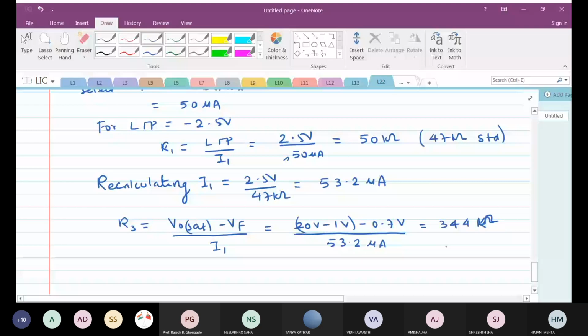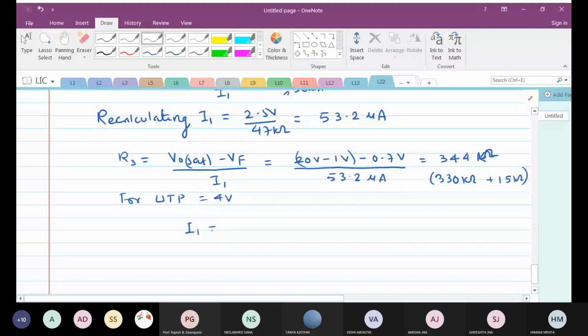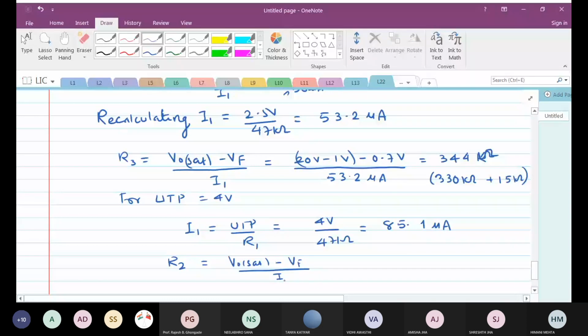So calculating R2 again as VO sat minus VF by I1, that gives me 20 volts minus 1 volt minus 0.7 volt divided by 85.1 microamperes.